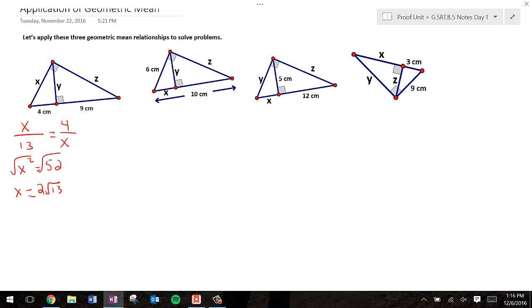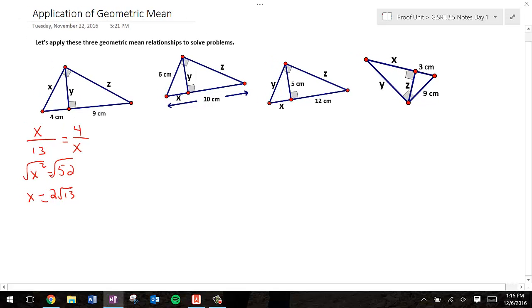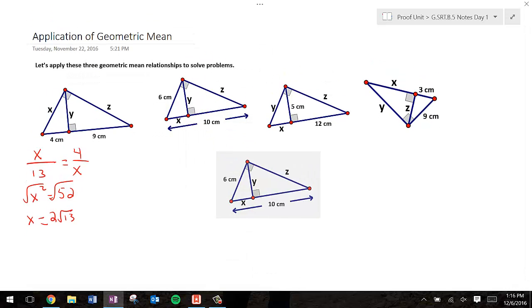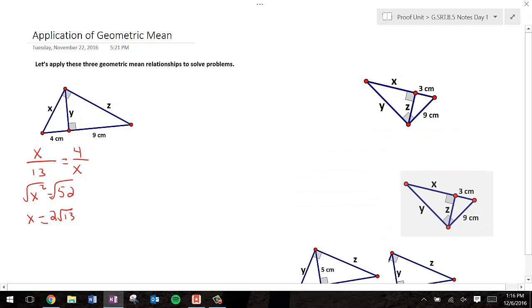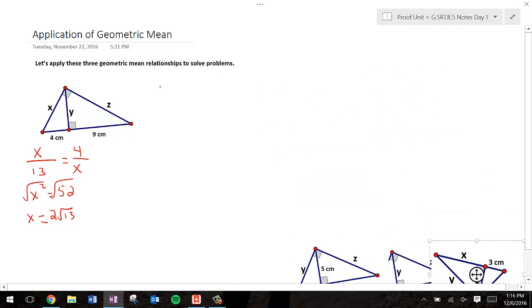Now, if we were to move this one out of the way here, move these down, and we'll deal with them in a second. This was to solve for x, and now I wanted to solve for y. Y happens to be the long leg of my left one.